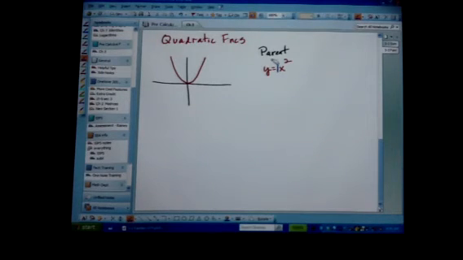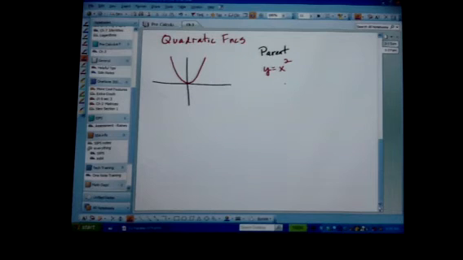So this equation is the parent equation for the quadratic family. And what you're looking at, the parabola that you're looking at up there or in your book, I'm trying to basically redraw what's in your book. I don't do as good a job as the book does, but you get the basic idea here. This parent equation goes with this parent graph. They go together. Okay?